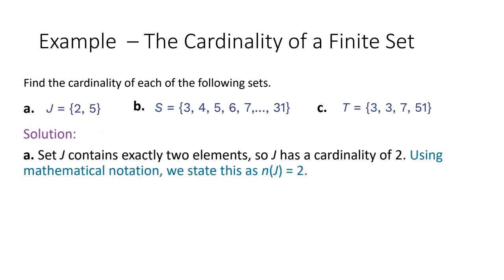And then letter B, we have 3, 4, 5, 6, 7, up to 31. So before we get the cardinality, is this set finite? Do we actually know how many elements are in there? And the answer to that question is yes, right? What about this set, if you had something like this?